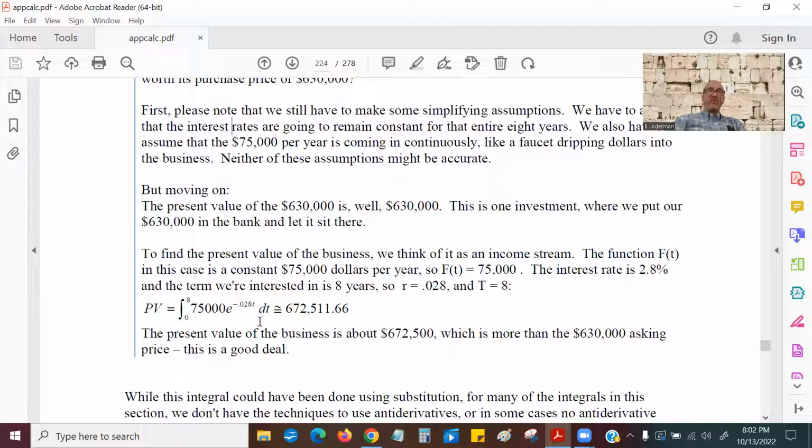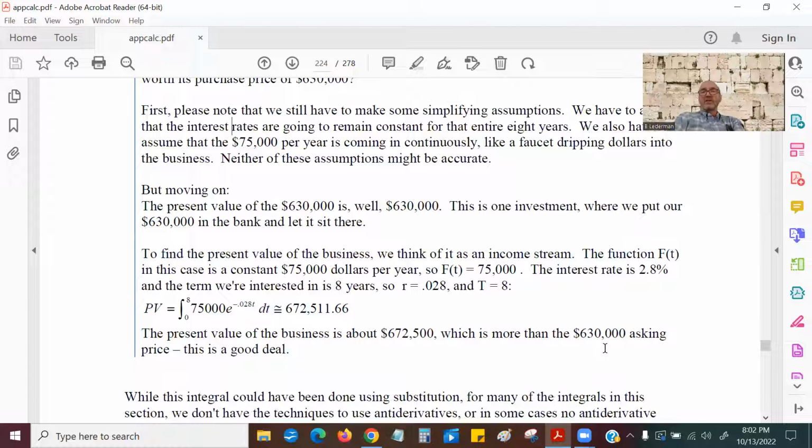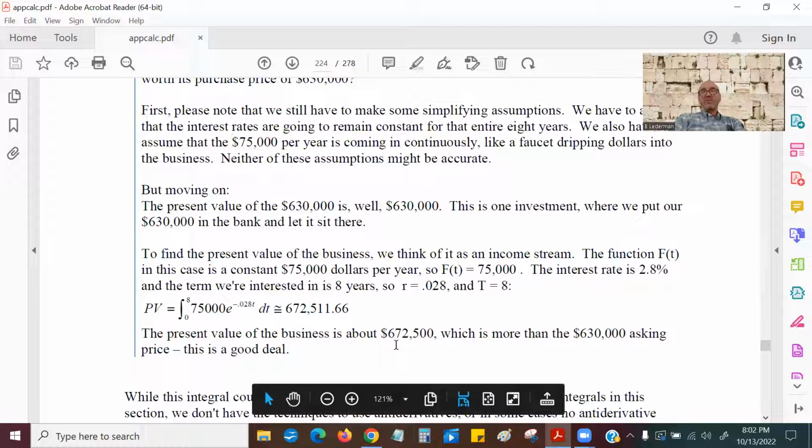If you crunch that out, that's approximately $672,511.66. So the present value of the business is around 672,000, which is actually more than they're asking for. They're asking for 630,000. So paying 630 for something that's really worth 672, that's a good deal.